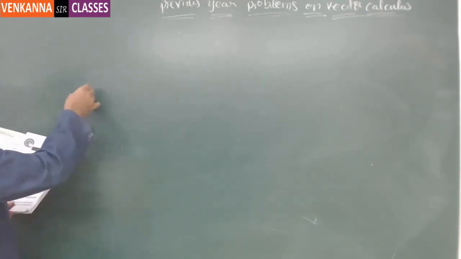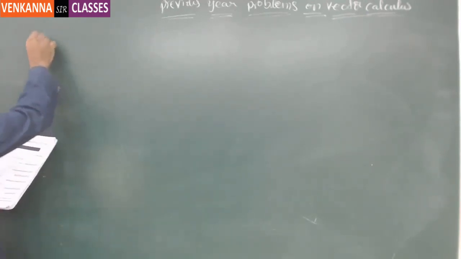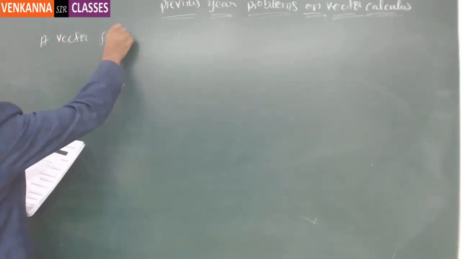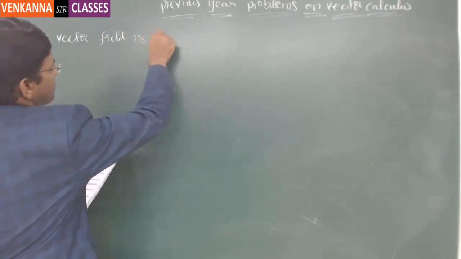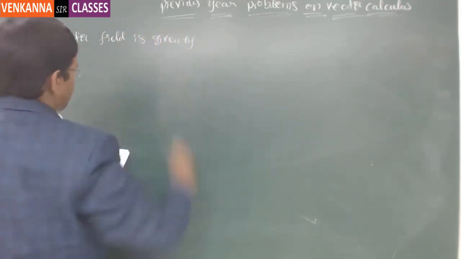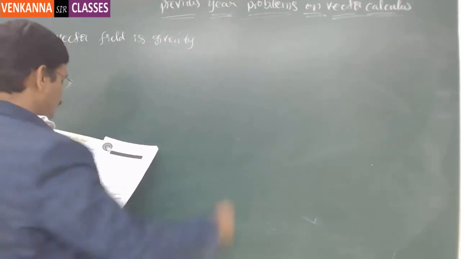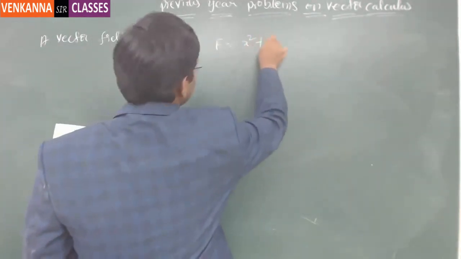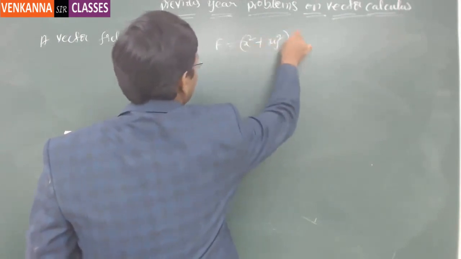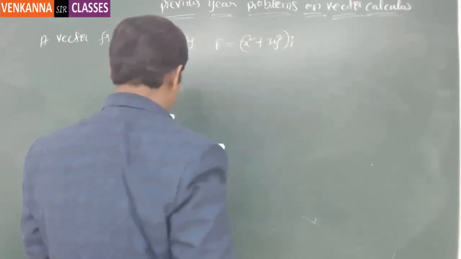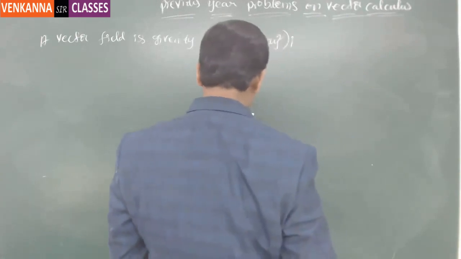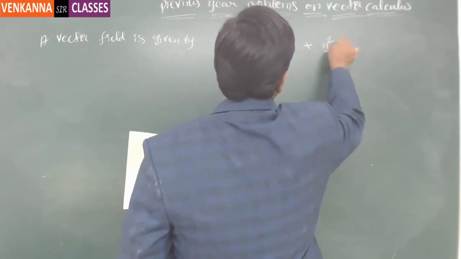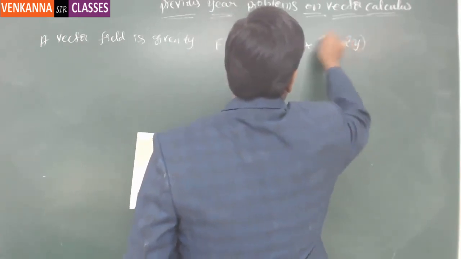A vector field, this was given in 2015, is given by F equal to x square plus xy square into i, plus y square plus x square y into j.